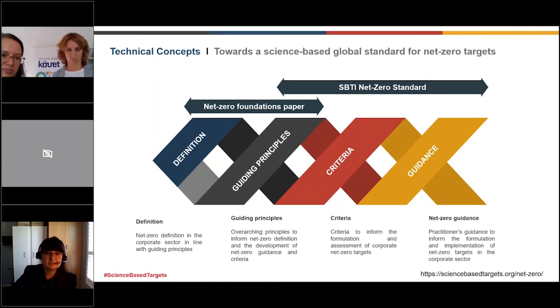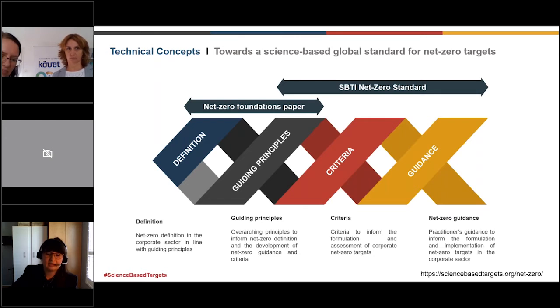So just to touch point on this, as I understand, other associations within the call will also be talking about this, but as of last week, we've released a Net Zero Foundations paper. So we are on a long-term project to build out what a science-based global standard for net zero corporate targets looks like. The initial stages are around defining what net zero means within the corporate space and guiding principles within a Net Zero Foundations paper.